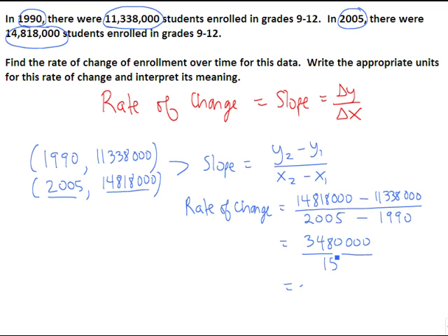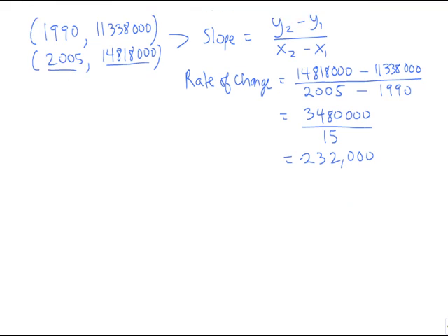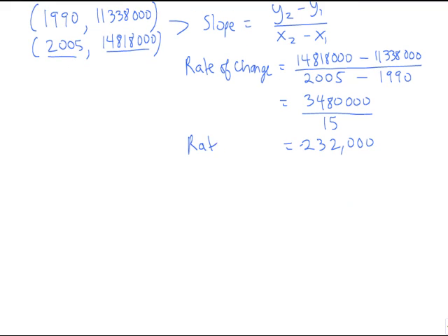When I divide 15 into the numerator, we get 232,000. Okay? So our rate of change is 232,000. Now let's figure out what units should go on this and what this means.